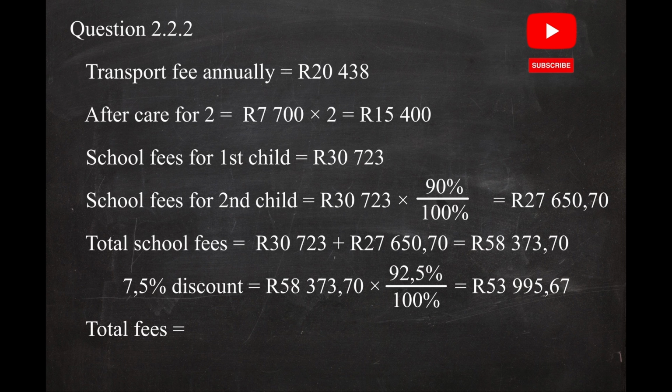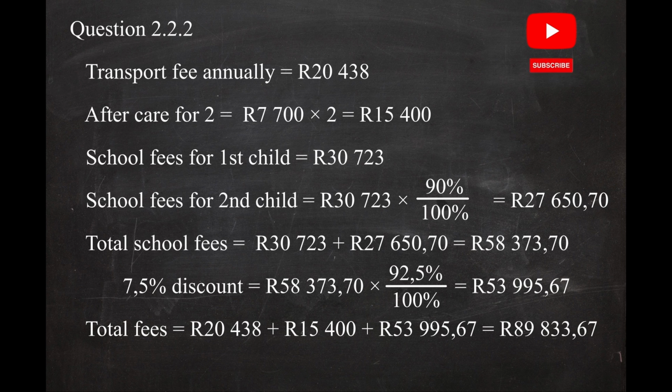So the total fees for the twins will be the sum of all the charges, which is 20,438 plus 15,400 plus 53,995.67. And this equals a total of R89,833.67 for the year.